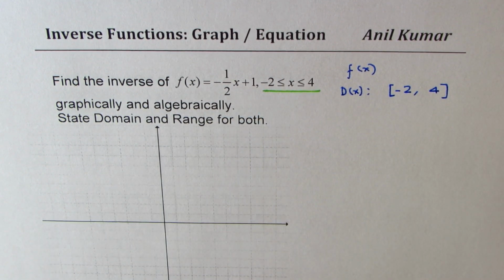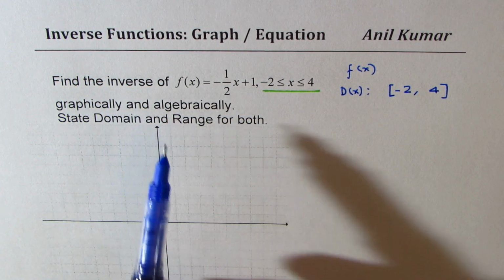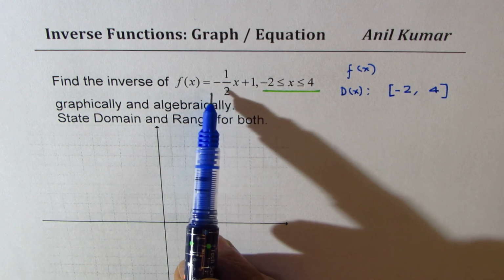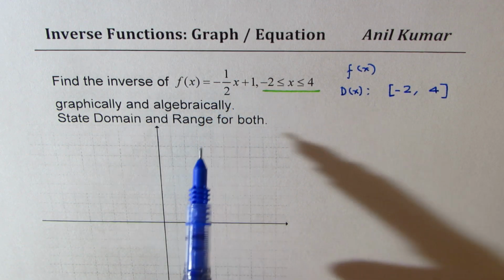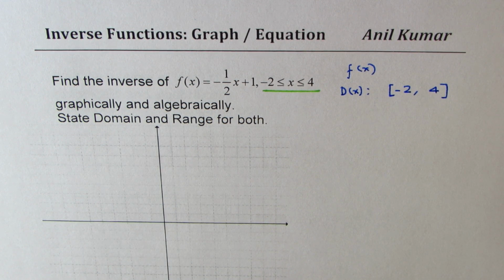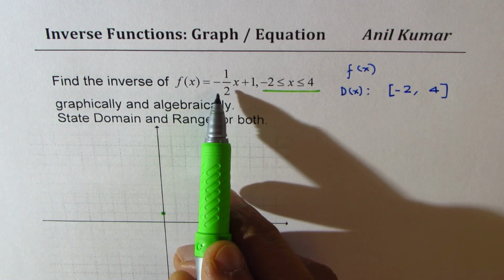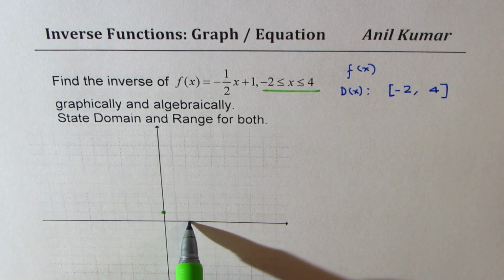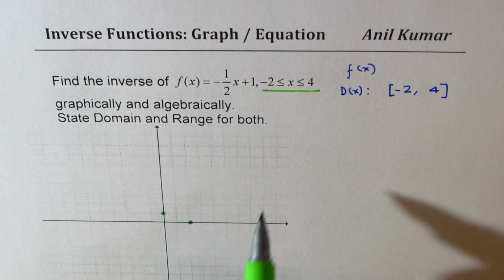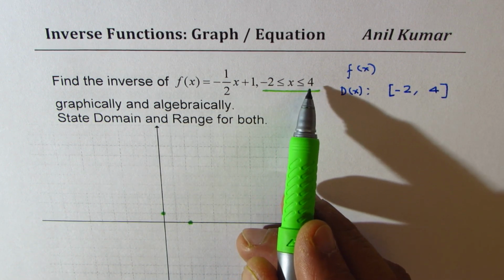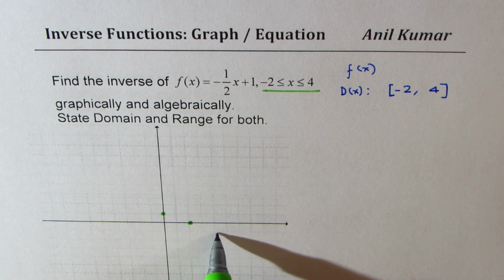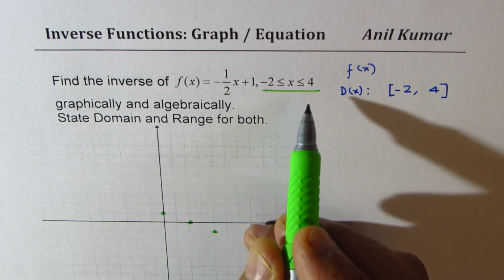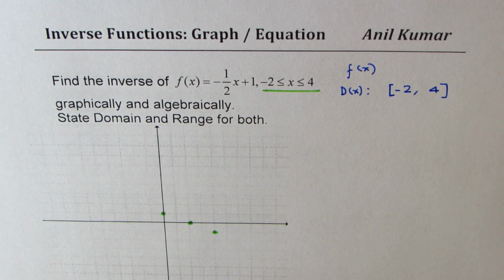That's what it means. Now graphically, let's first sketch the line minus half x plus 1. We could start with the y-intercept of 1, which is, let's say, here. And then the slope is negative 1 over 2, meaning go down 1 and 2 to the right, right? We have reached our constraint in the next step, which is at 4. Go down 1 to the right, so that is the position for x equals 4.